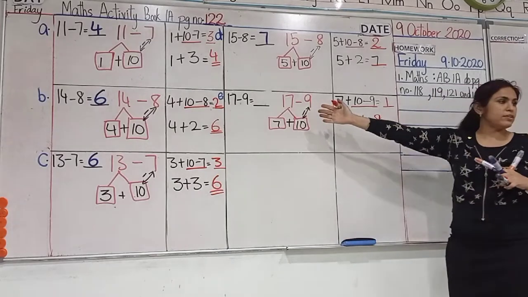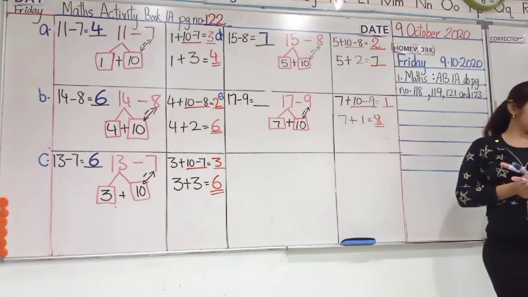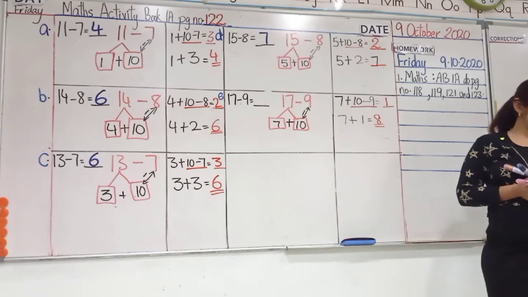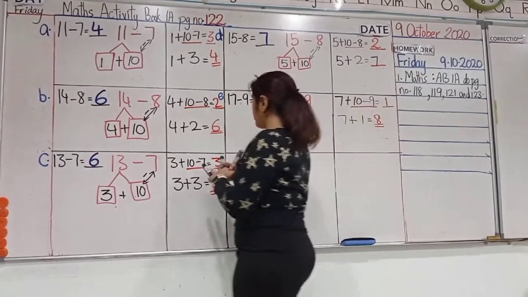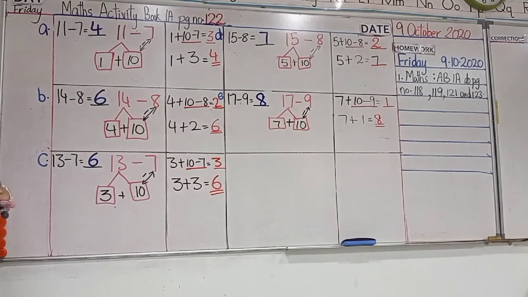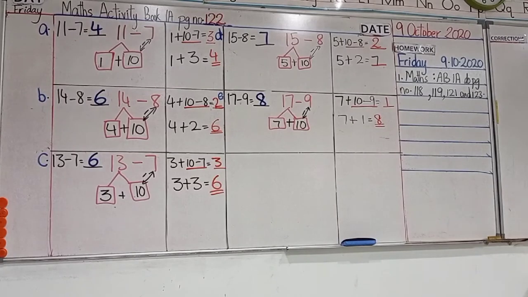Now, before that, 17 in your brain, 9 on your fingers, backward count. 16. 12. 8. Yes, you got the 8. Alright, quickly. Copy. Step by step. Say and copy 7 plus 10 minus 9. Underlined. My 10 minus 9 equals to 1. 7 plus 1 equals to 8. Quickly copy this.